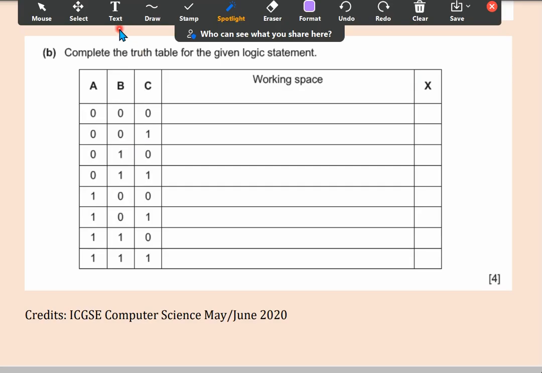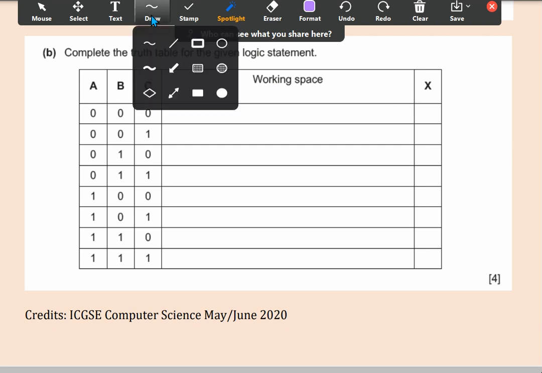So we have here again the inputs A, B, and C from our previous drawing. Now we're gonna do the working space, or rather complete the truth table, until we arrive at the X. Now, a while ago we were able to have 4 gates, right?